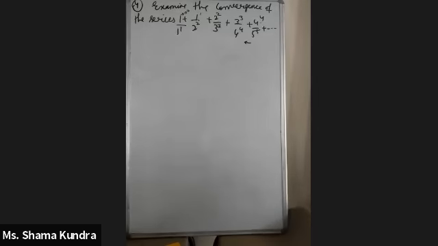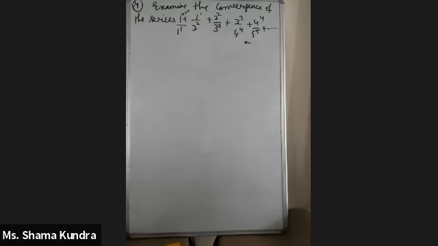If from an infinite number of terms we neglect one or two terms, the convergence will not be affected. Since the first term is not making symmetry as a numerator, for finding un we have to make symmetry in the series. For that, we will neglect the first term.